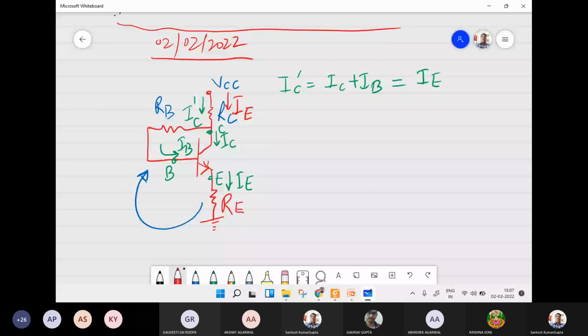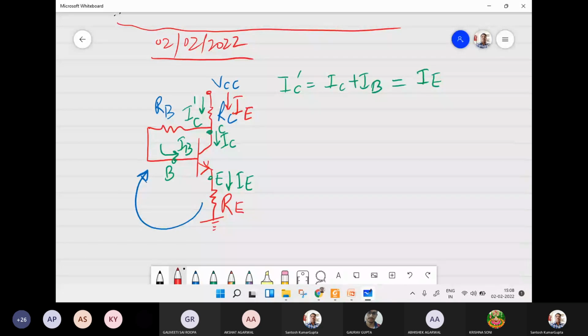Now we can say that there are two loops, one including the input side and one including the output side.